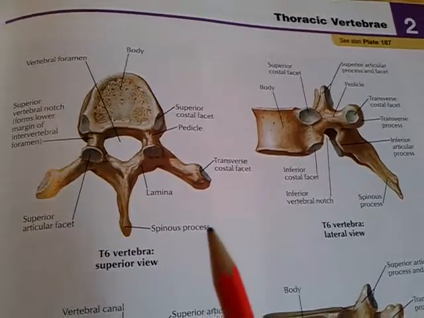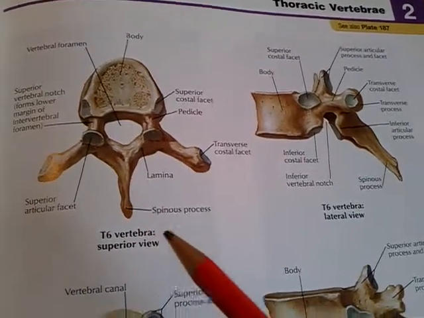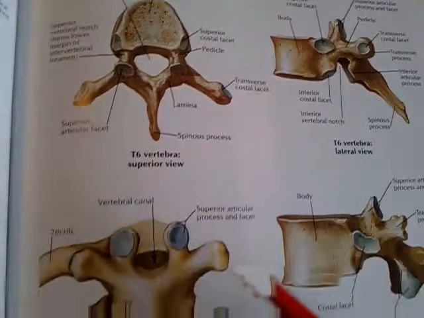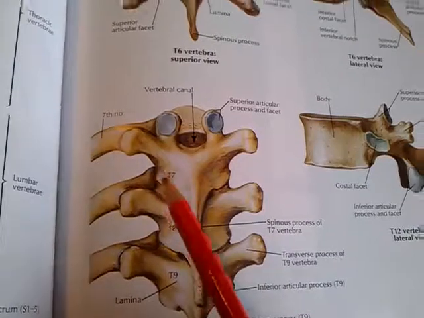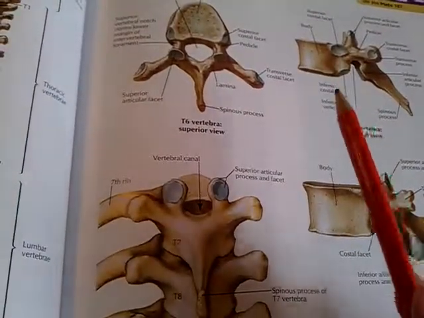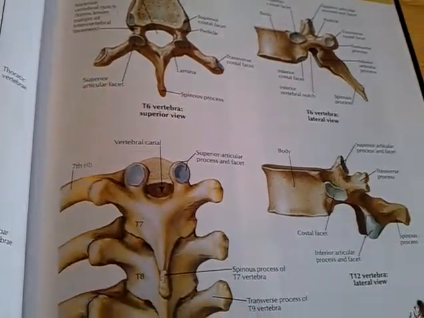And the vertebral foramen is oval, and the spinous process is long. The rib goes on this superior and inferior costal facet, and then a transverse facet.